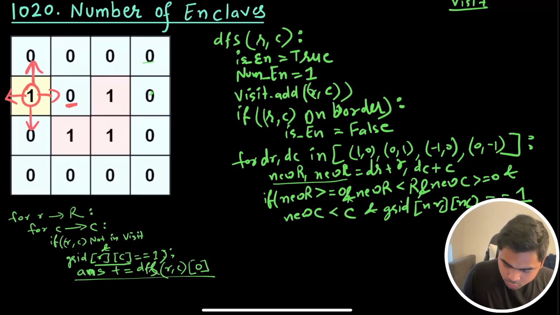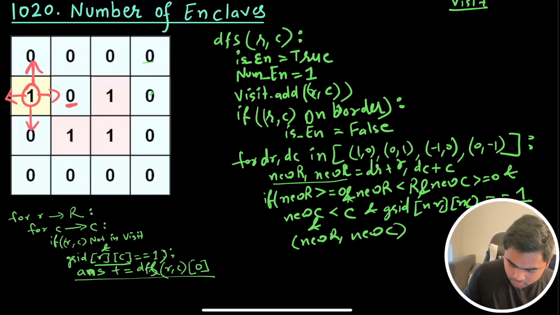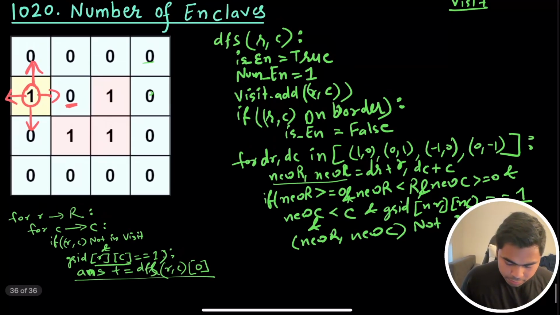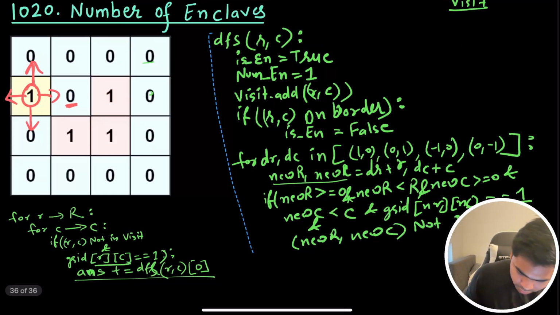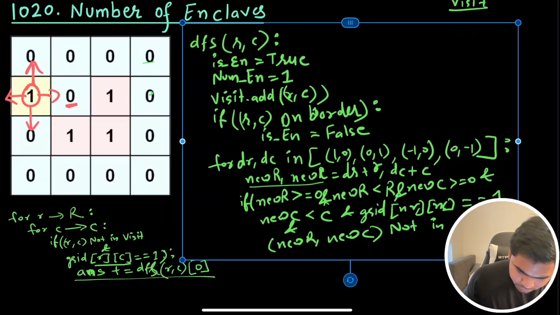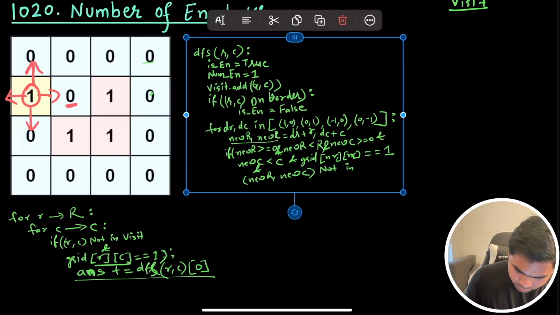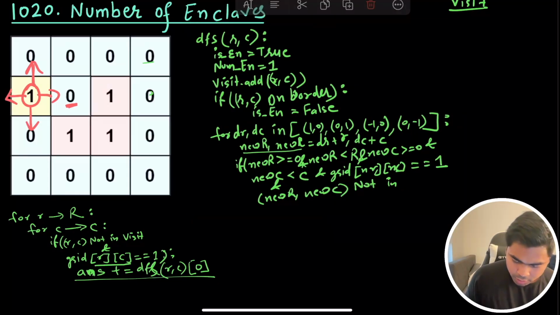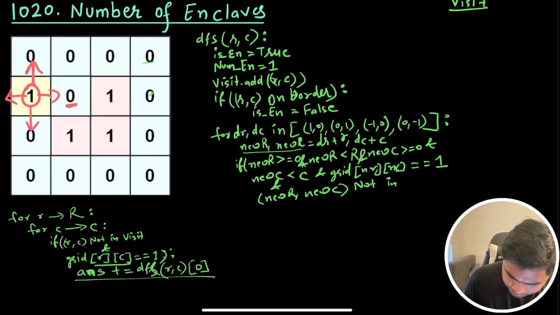So if this is equal to 1 and this new R and new C are not in the visit set, I'll just bring down the size a little, since you can't see it anymore. Now you can. All right, so not in visit.